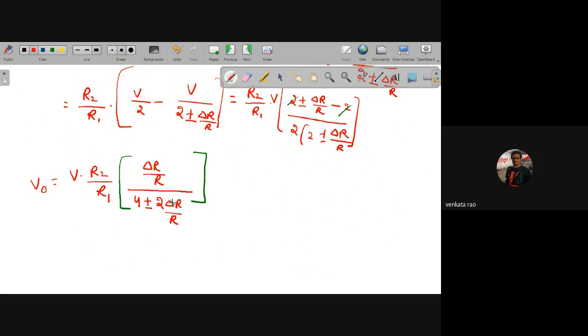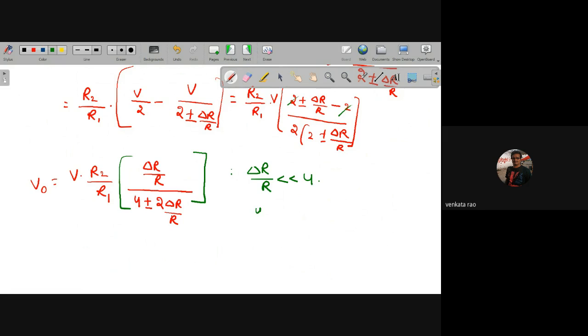See, delta R is very small value compared to R. So delta R by R is very small compared to 4. So here delta R by R is much smaller compared to 4. So we can neglect that value.